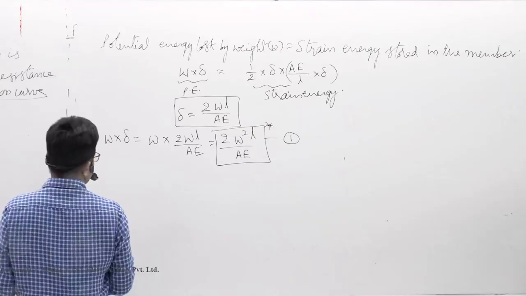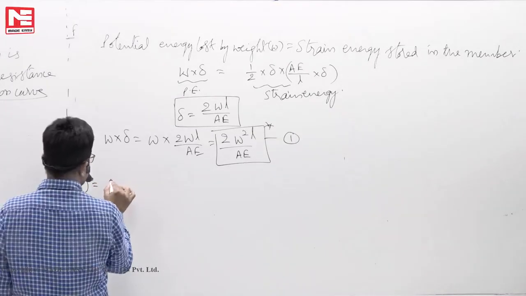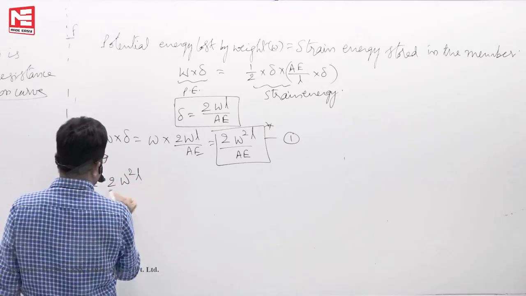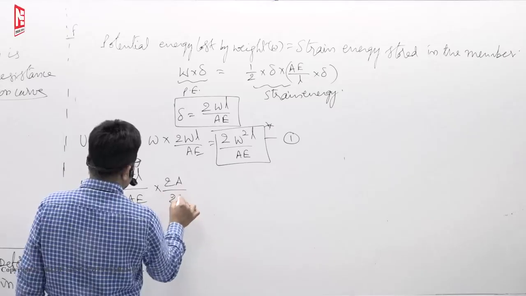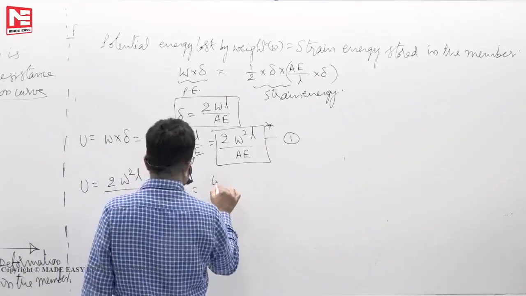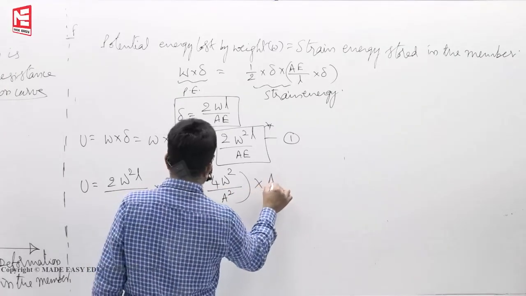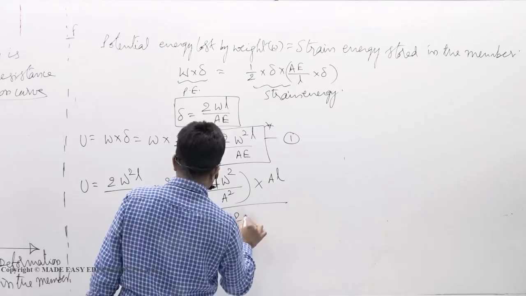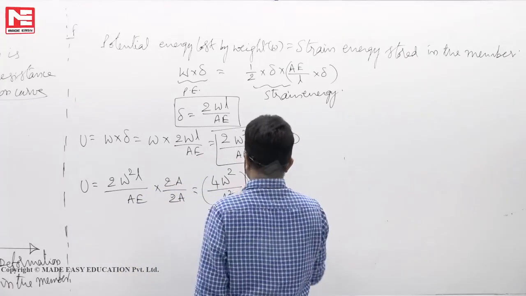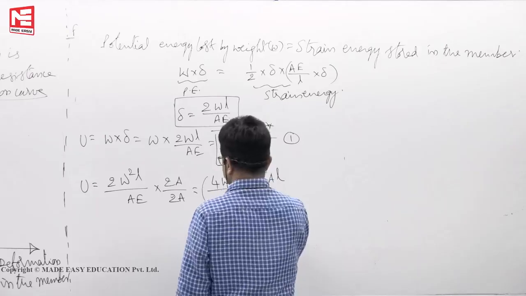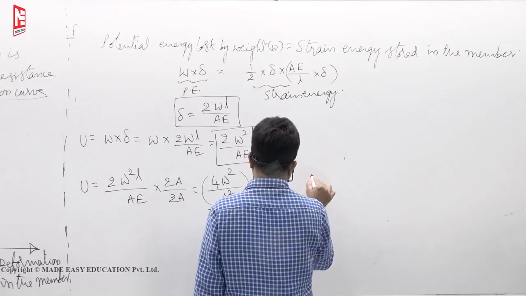If you write in terms of stress, this we can write as 2 W square L by AE into 2A by 2A. So you will get it as 4 W square by A square into AL by 2E. That means, 4 W square by A square means what? 2W by A whole square.